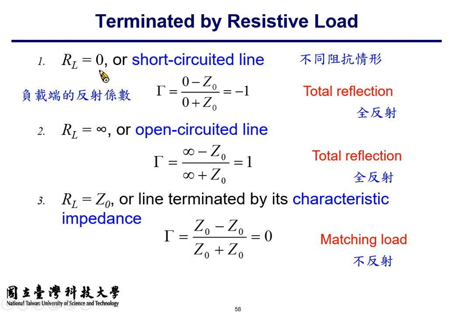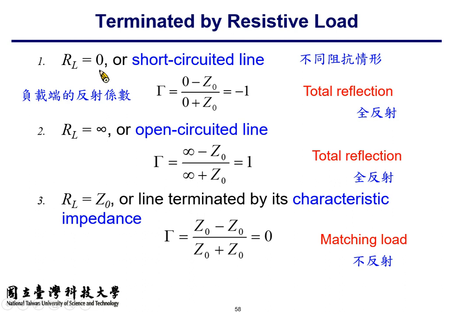So the reflection coefficient for a short circuit is -1. And RL equals infinity, that's an open circuit. For an open circuit, the resistance approaches infinity, so the reflection coefficient becomes infinity minus Z sub 0 divided by infinity plus Z sub 0, which equals 1.